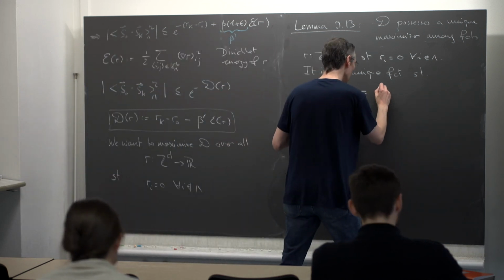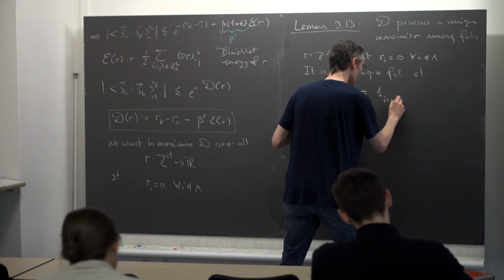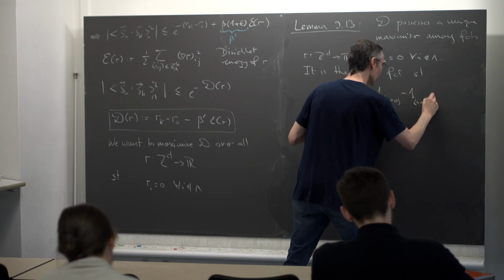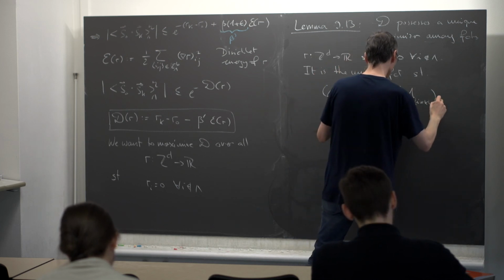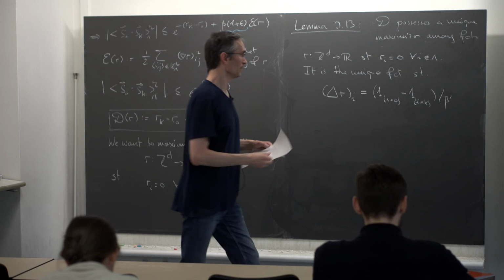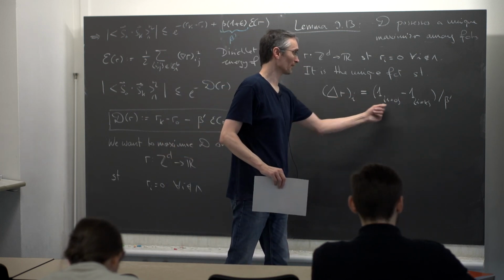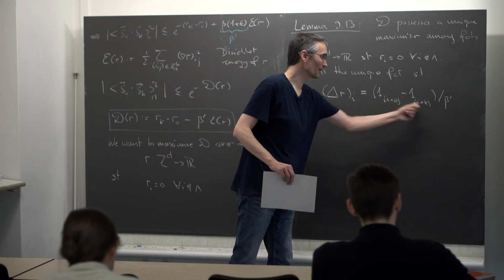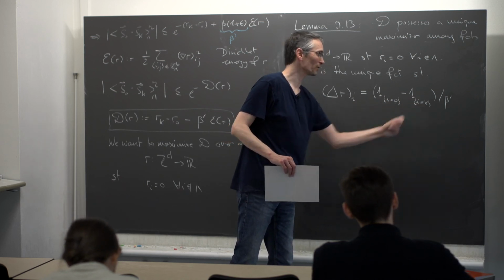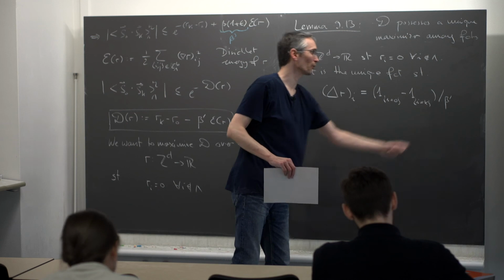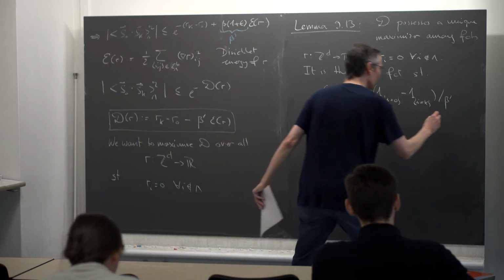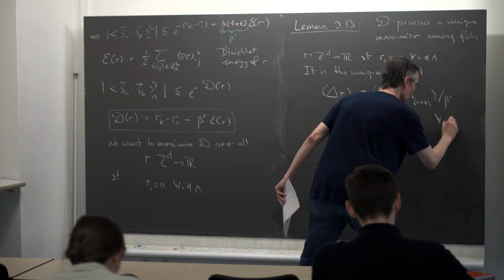It's given by the indicator at i equal to 0, minus the indicator i equal to k, over beta prime. So this is equal to 0 in the box outside the points 0 and k, so it's harmonic everywhere except at these two points. It's equal to 1 over beta prime at 0 and minus 1 over beta prime at k. So that's for i in the box lambda.